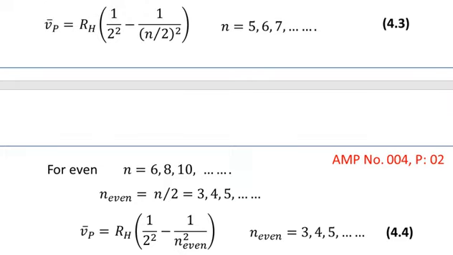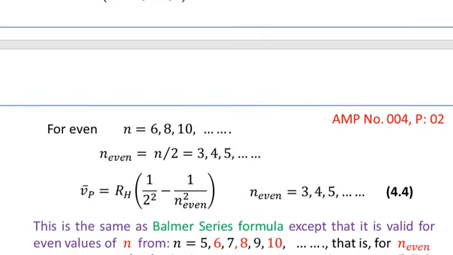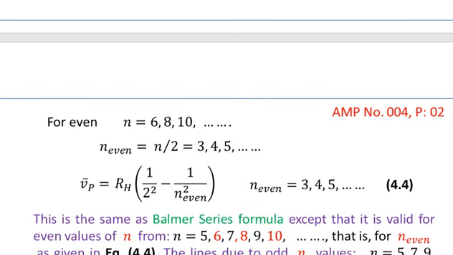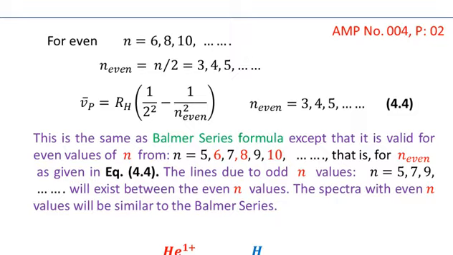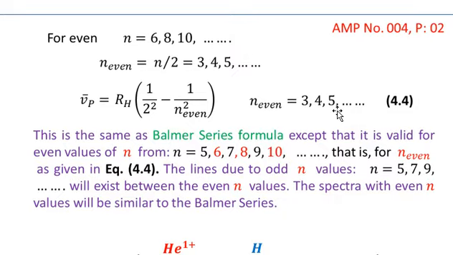So you can compare the formula given in 4.3 with the formula written in 4.4. You see that this is the same formula as written, but I have introduced the new principal quantum number as n even. And of course, the values of n even have also been written in equation number 4.4. That is, n even will be equal to 3, 4, 5, as I have just explained.